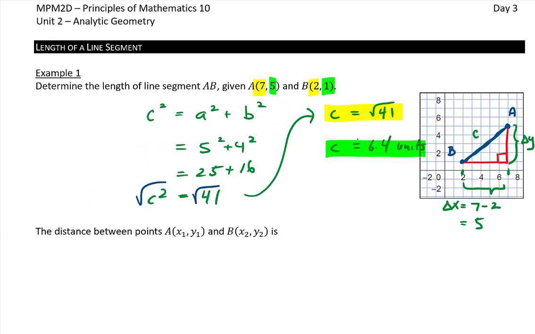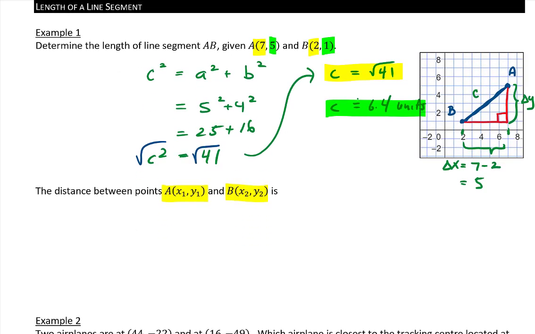So if you want to find the distance between 2 points, and we'll call the points (x1, y1) and the other point (x2, y2), then the distance formula, which instead of using c, we're going to use d, is equal to the square root of (x2 minus x1) squared, that's our delta x squared, plus (y2 minus y1) squared, that's our delta y squared.